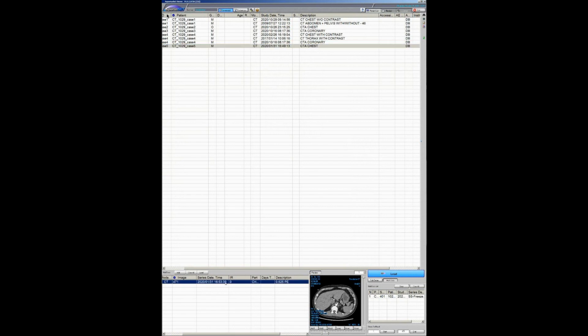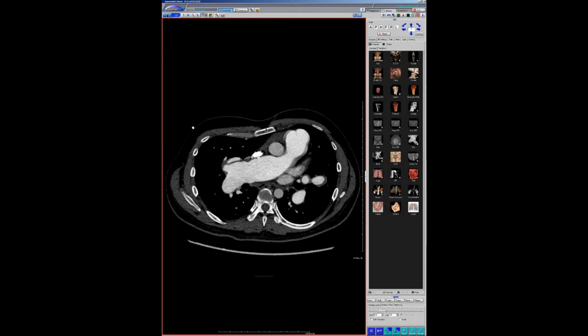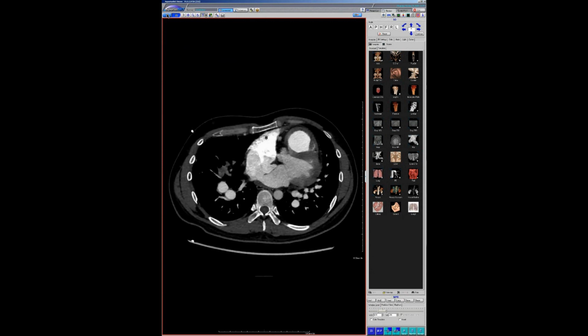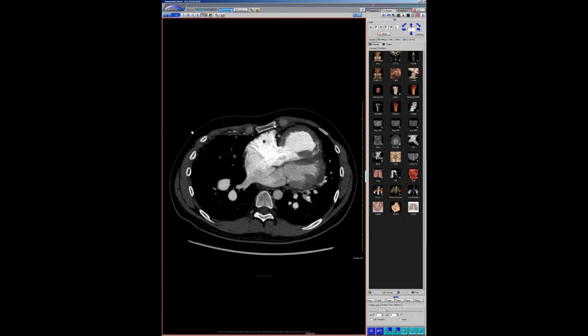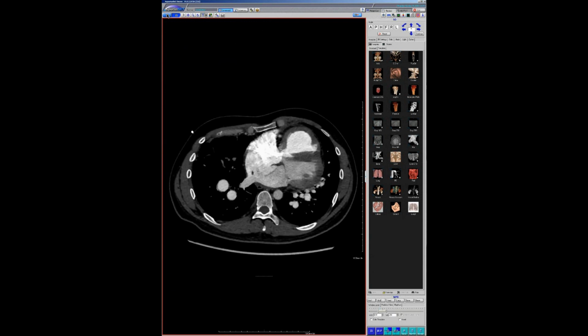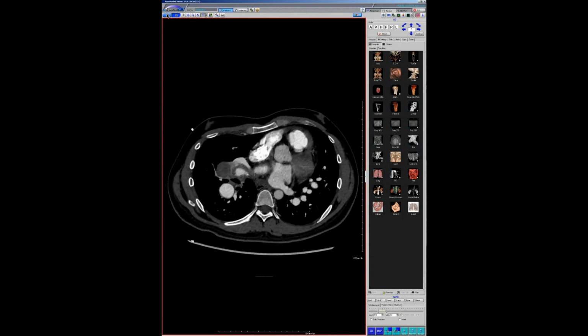And then many months later, he came in with chest pain. They're kind of a low risk. He came to the ER with chest pain. They did a coronary CT, and you can very nicely see that the LAD here is just completely trashed.